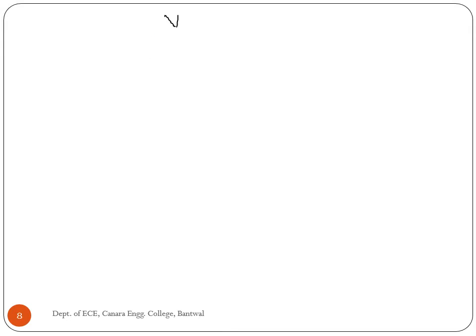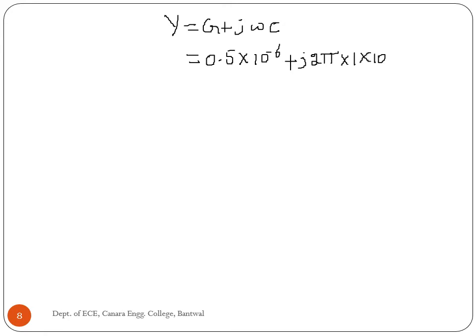Y is equal to G plus J omega C. G is 0.5 micro, that is 10 to the power minus 6, plus J 2 pi f. f is 1 kilohertz, 1 into 10 to the power 3, multiplied with the capacitance 0.005, which is equal to 5 into 10 to the power minus 7 plus J 31.42.